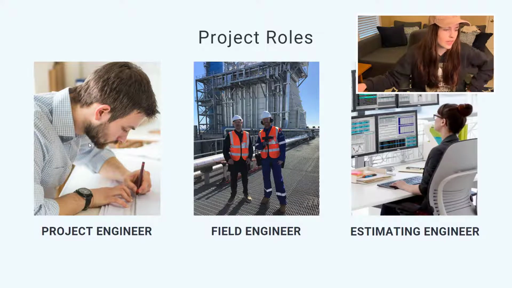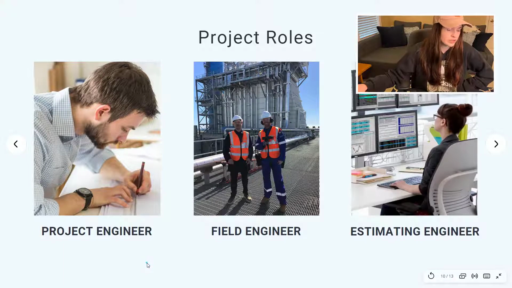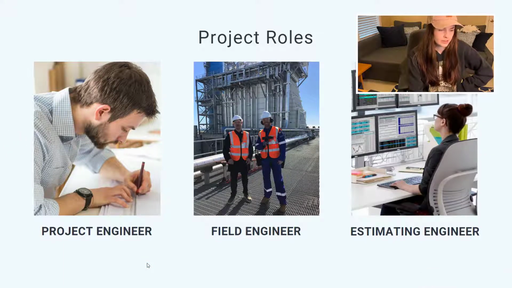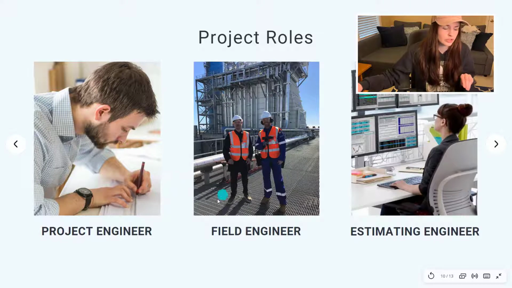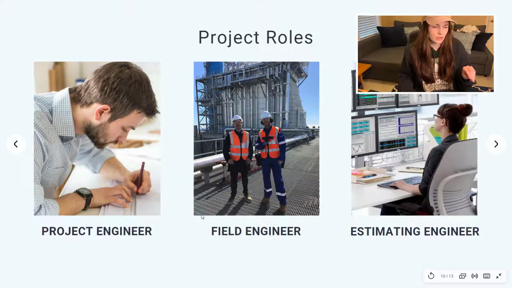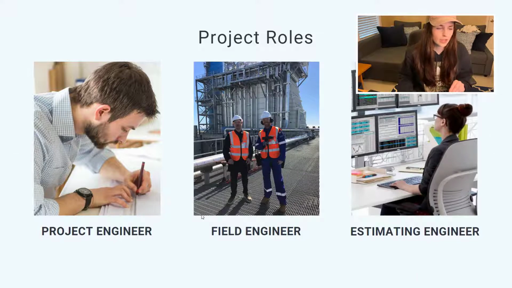The first one is a project engineer. Their role is kind of interesting. It's facilitating the project, and they become project managers eventually. Field engineers are the second project role, and those are really boots on the ground. You're walking every day, looking at what work is happening.